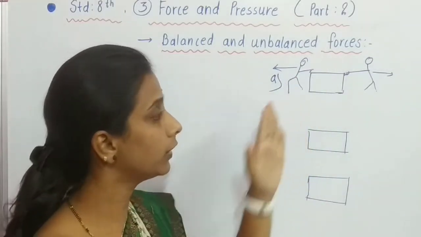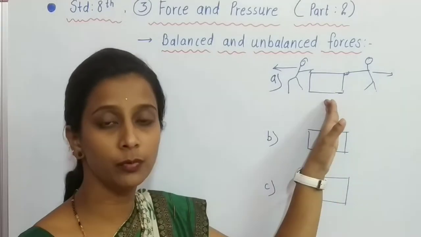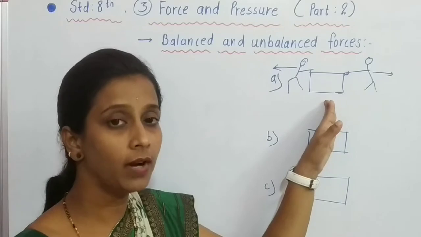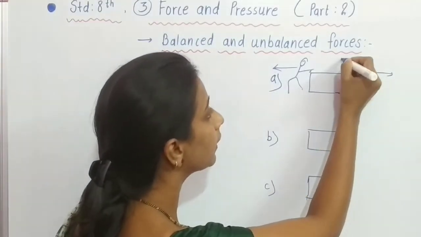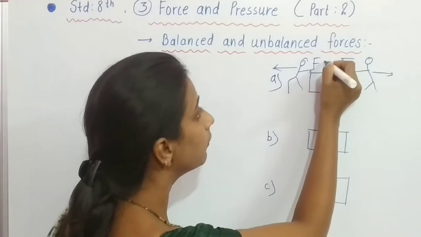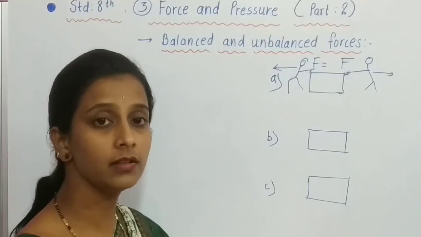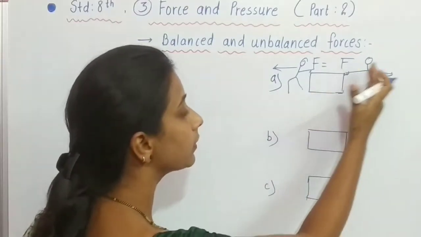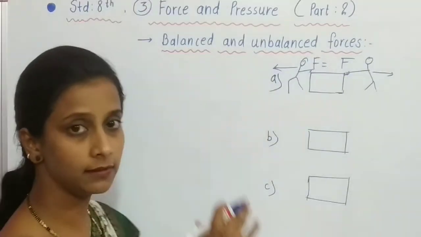So what happens? The object will not move. It remains steady. Why does it remain steady? Because both persons are applying the same force, equal force, in opposite directions. This person pulls in this direction, whereas this person pulls in another direction.